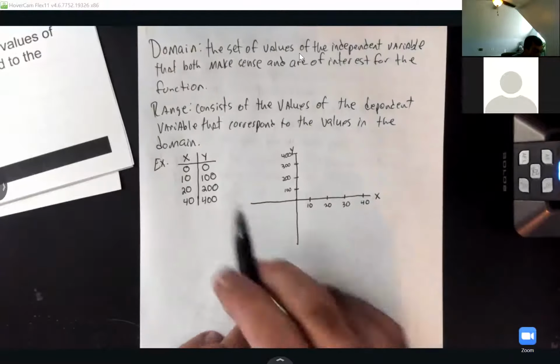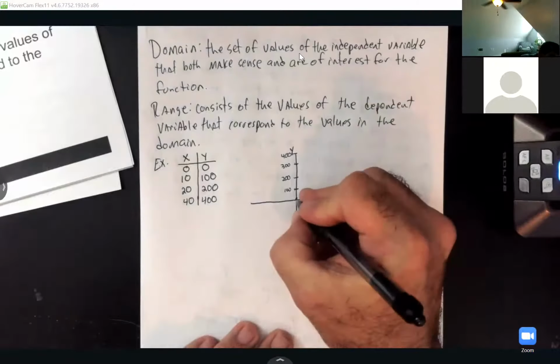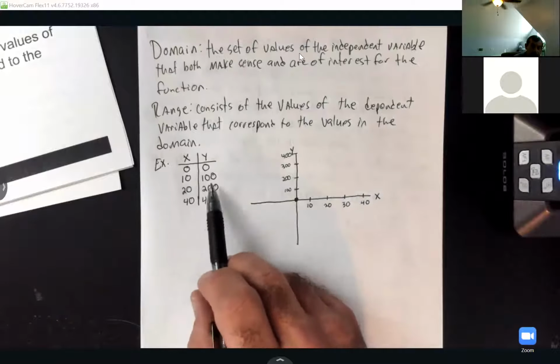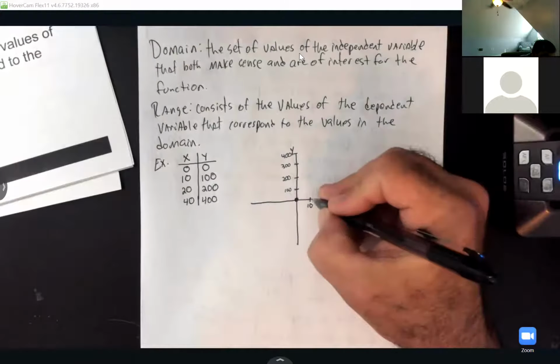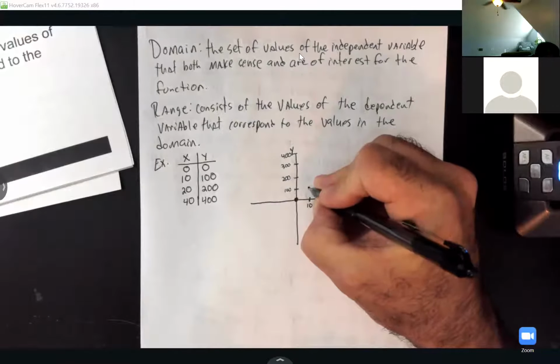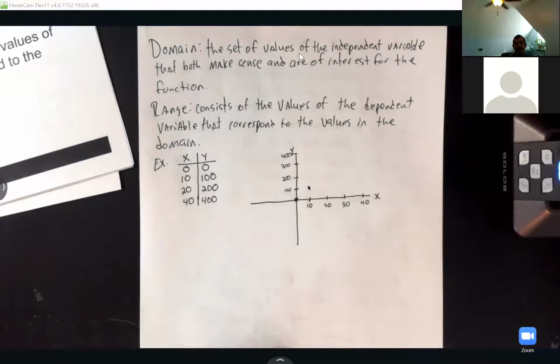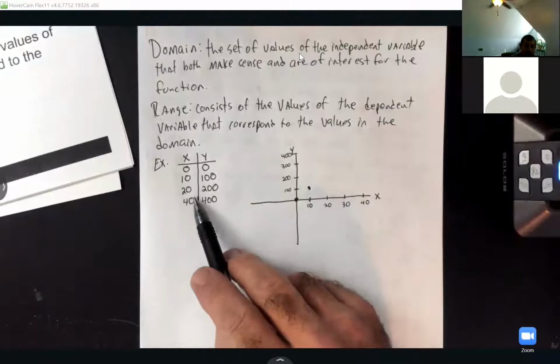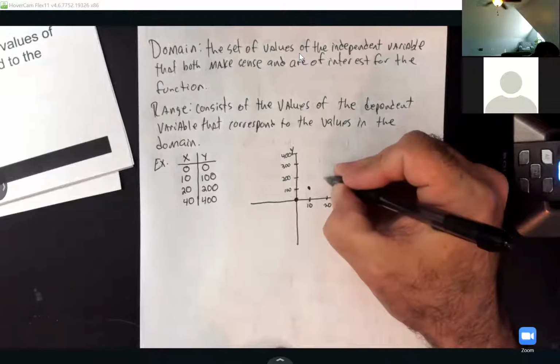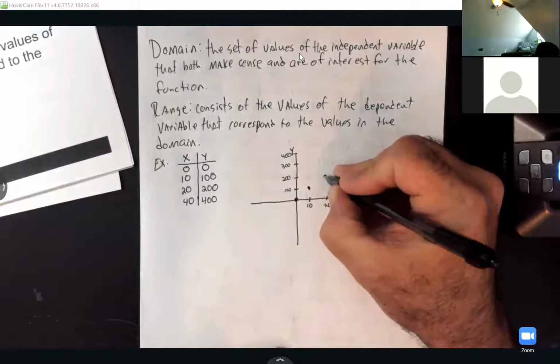So to plot your points, 0, 0 would be right there in the middle. Then I had, when X was 10, Y was 100. So you come over to 10 and then up to 100 for that point. Next, I had 20 and 200. So I go over to 20 and then up to 200.